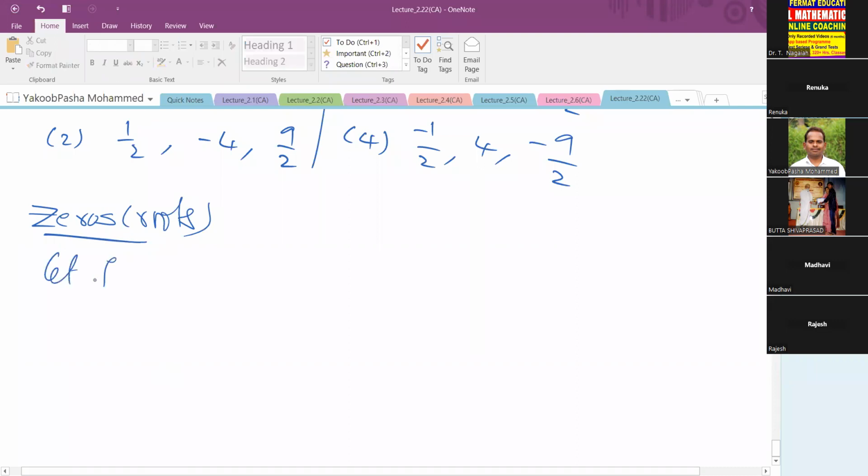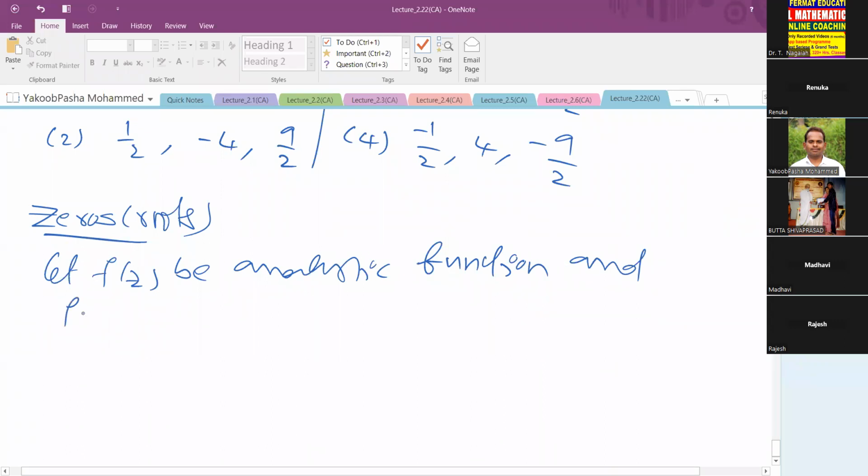Let f of z be an analytic function, and we have the condition that f of z0 is equal to 0, f dash of z0 is equal to 0, f double dash of z0 is equal to 0, and so on.